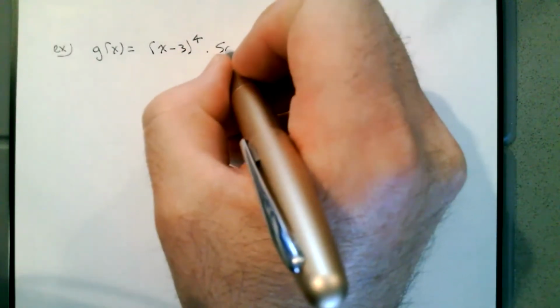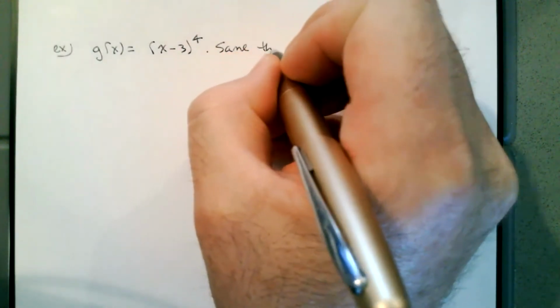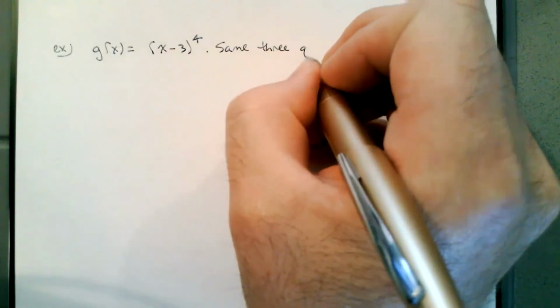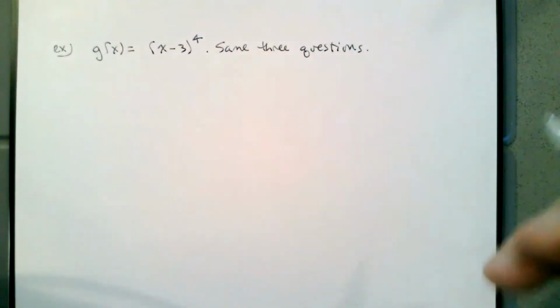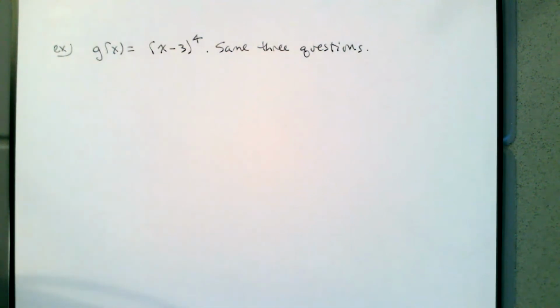And then same question. Although they weren't actual questions, they were more like requests. Same 3 problems. I want to find the critical points, classify each one as local minimum, local maximum, or neither. And I want to find the inflection points.